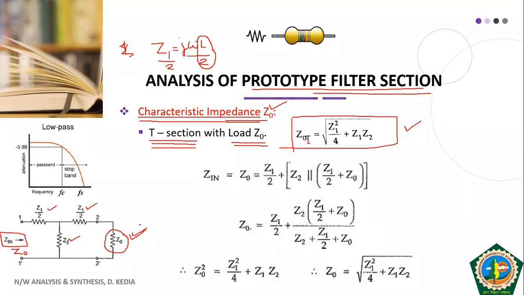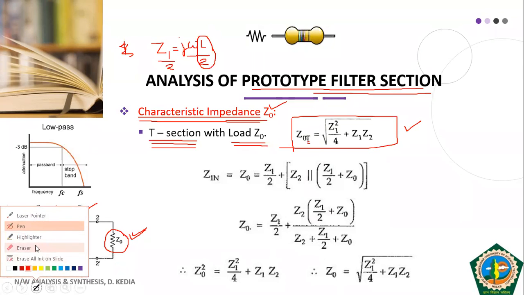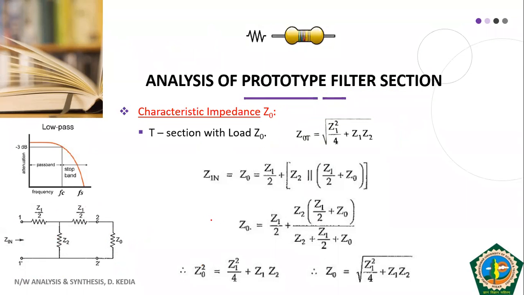Okay, so now we have to obtain the value of characteristic impedance. So see, we want to find out the input impedance. For input impedance, these two impedances, they are in series. Okay, the series combination of this is in parallel with Z2. See here, Z1 by 2 and Z0, they are in series.